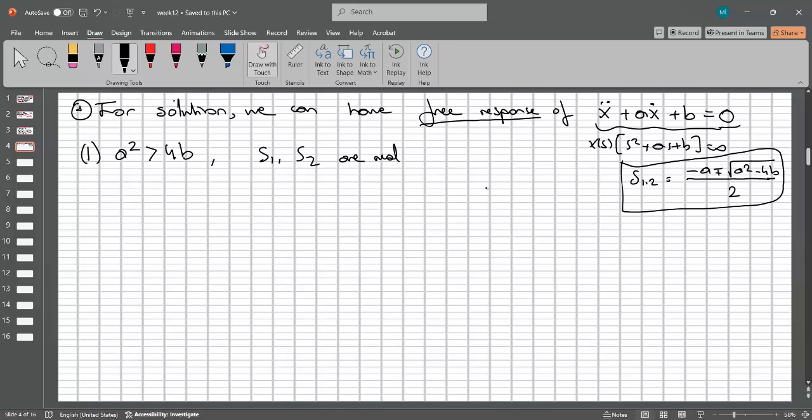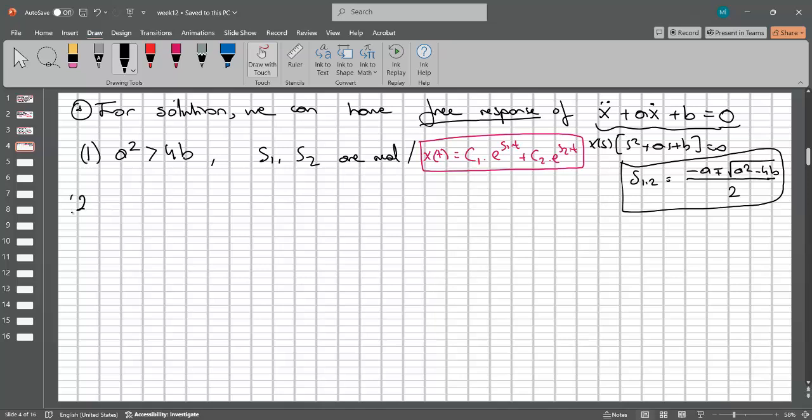And so, what is the solution? Yes, we can use the trial solution method, just like in the midterm, right? And so we have one constant C1 times e^(S1 t) plus C2 times e^(S2 t), right? This is our equation.